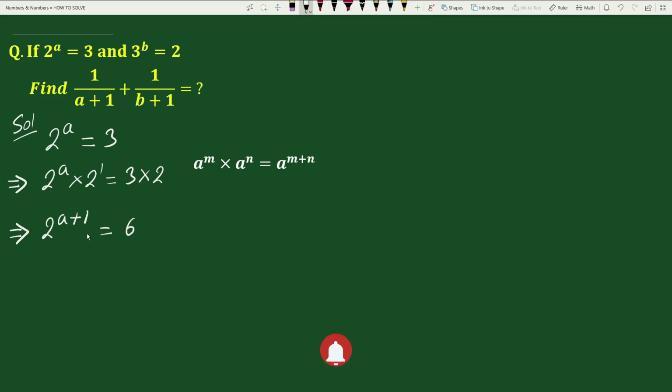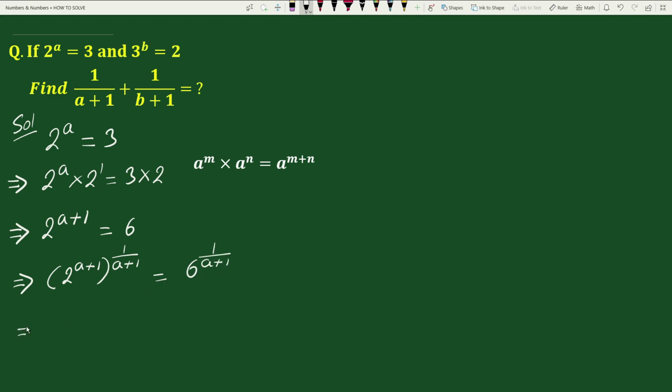Now taking power 1/(a+1) on both sides, we get (2 to the power a+1) whole to the power 1/(a+1) equals 6 to the power 1/(a+1).